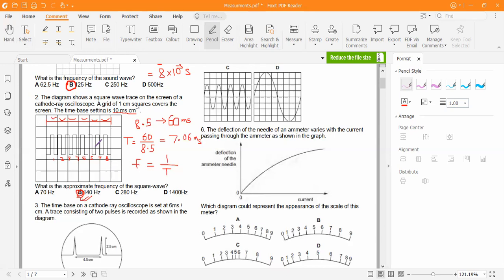In this case, the options are very far from each other, like there is 70, then 140, then 280. There is a lot of difference between the options. But let's say if the other option was 150 hertz, then you might be confused for one wave because you cannot judge it very accurately. In that case, you'll have to do this method because this is more accurate. So you have to understand both of them, okay?